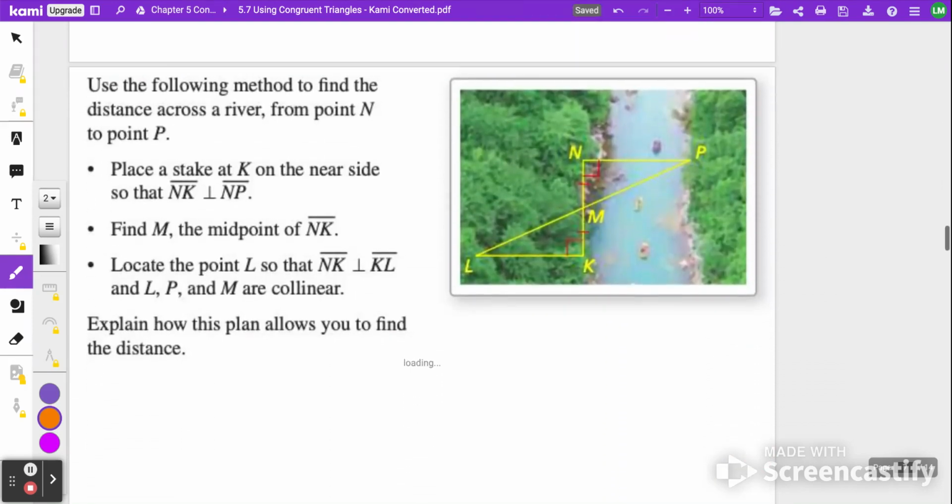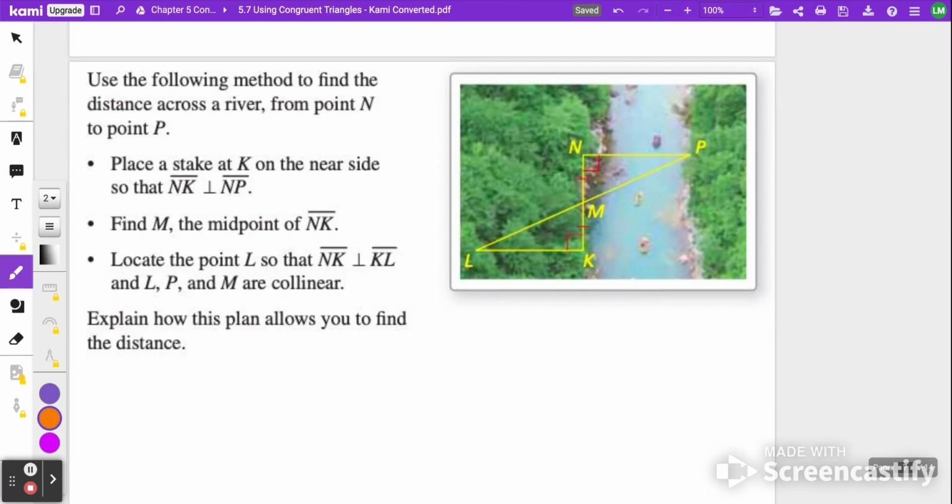This next one, we have a picture of two congruent triangles. This is where we're going to start applying that knowledge. Use the following method to find the distance across the river from point N to point P. Place a stake at letter K on the near side so that NK is perpendicular to NP. So because NK is perpendicular to NP, we should see a right angle.